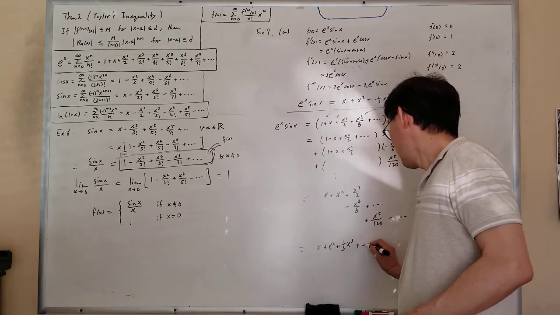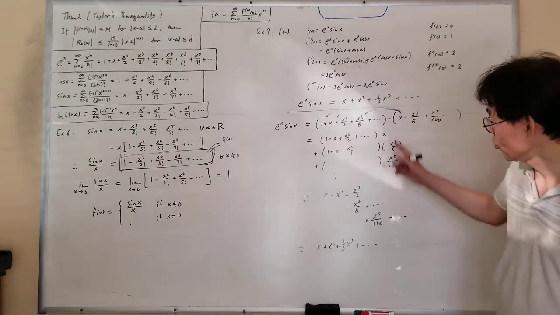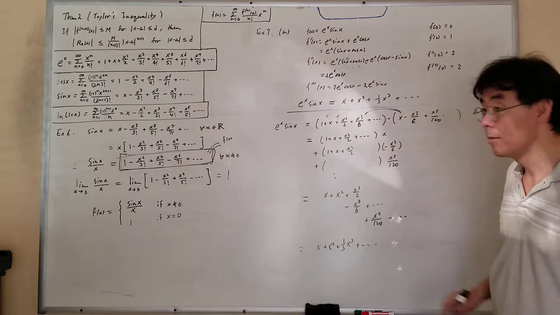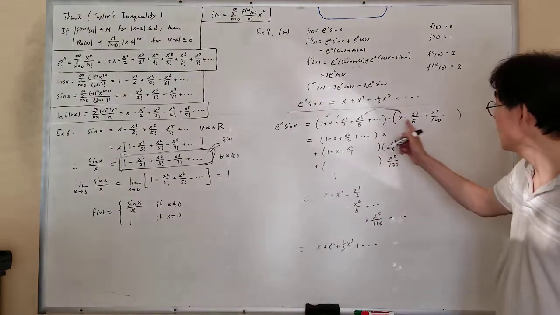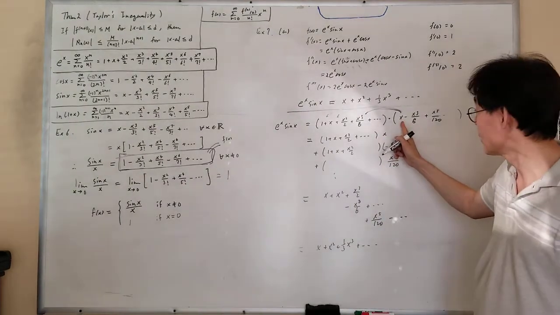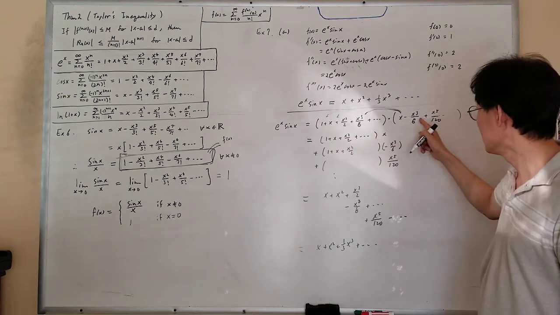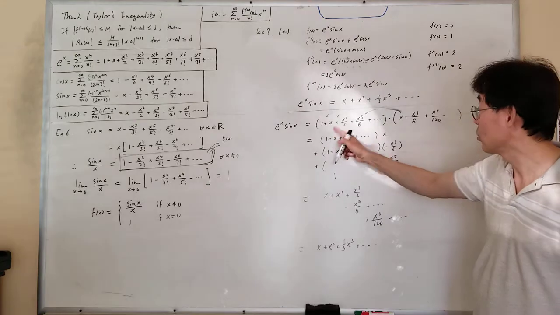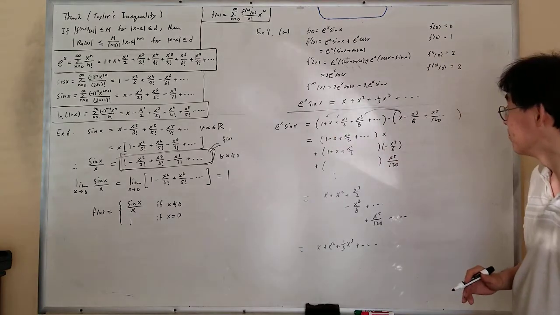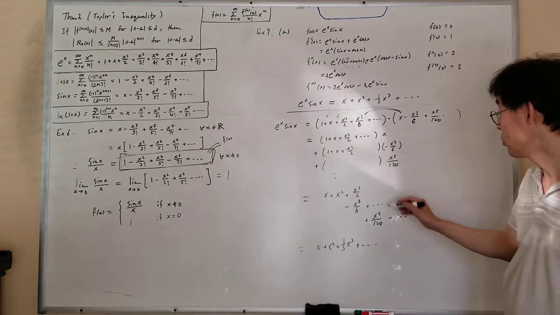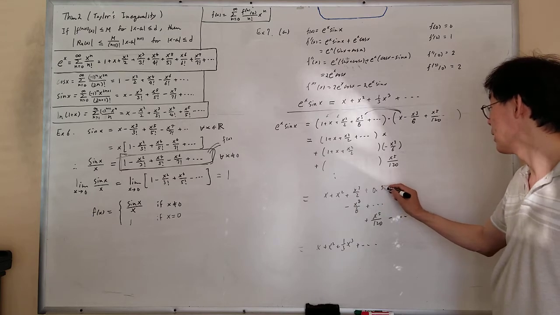Now, I showed every single step. But an experienced person, when they see this, instantly recognizes this one as x squared, 1/2 x cubed, and then minus 1/6 x cubed. And that's it. And then we also know that there's a 0 x to the 4th term.